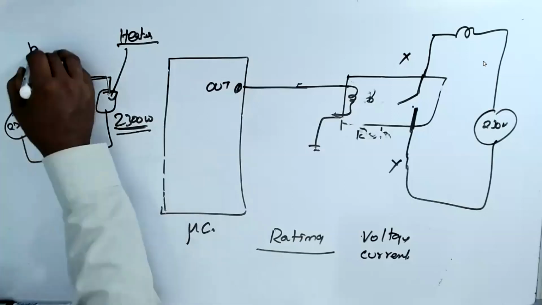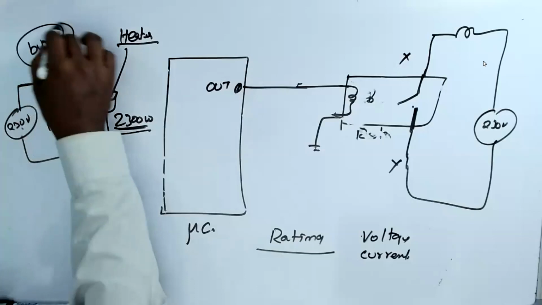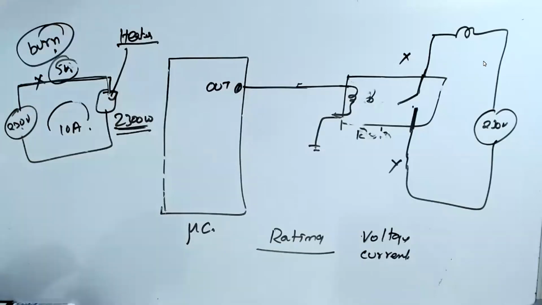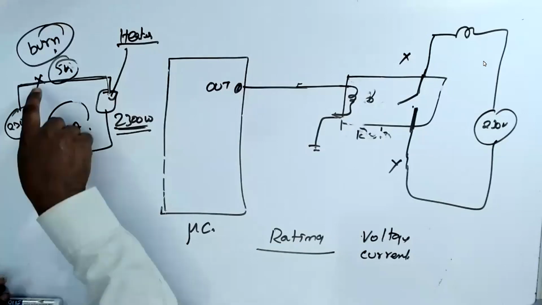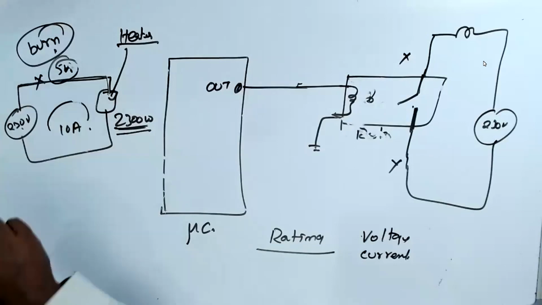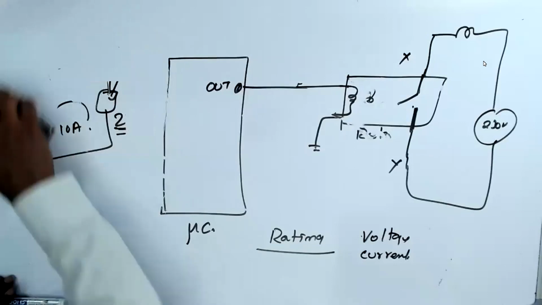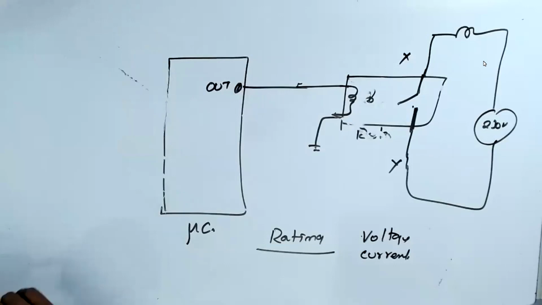That's why you know that in houses, offices, companies, everywhere, sometimes in factories, you will hear that there's a fire accident. Sometimes it happens like this. So please understand, the thing is very important. This is called rating.